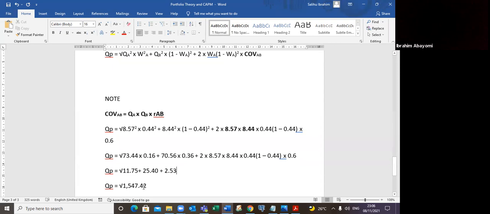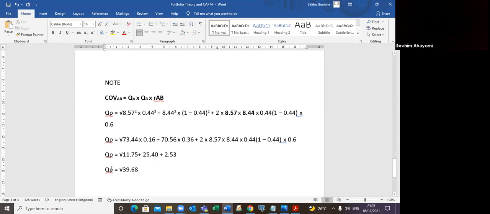So when I add everything together, I will have 11.75 plus 25.4 plus 2.53. I have 39.68. I take the square root of that. Square root of 39.68 will give me what?